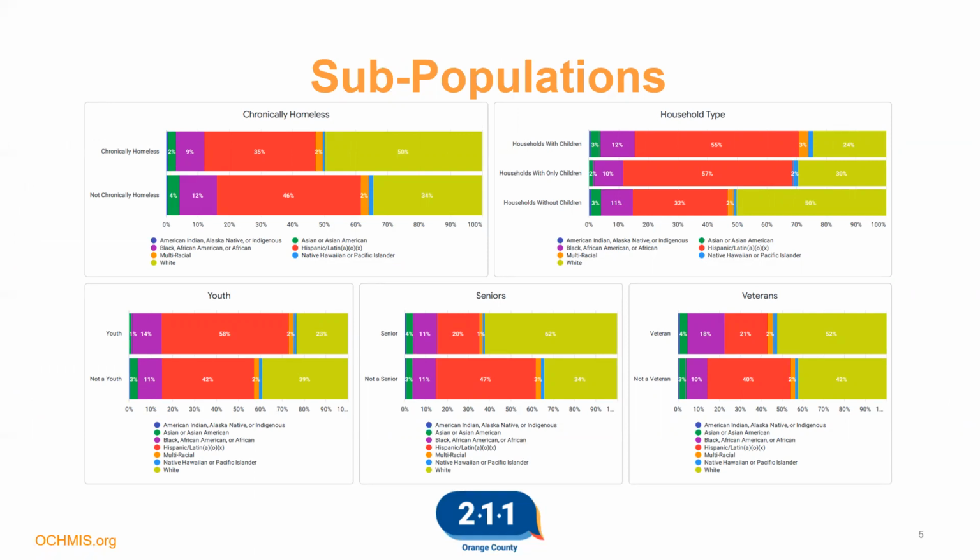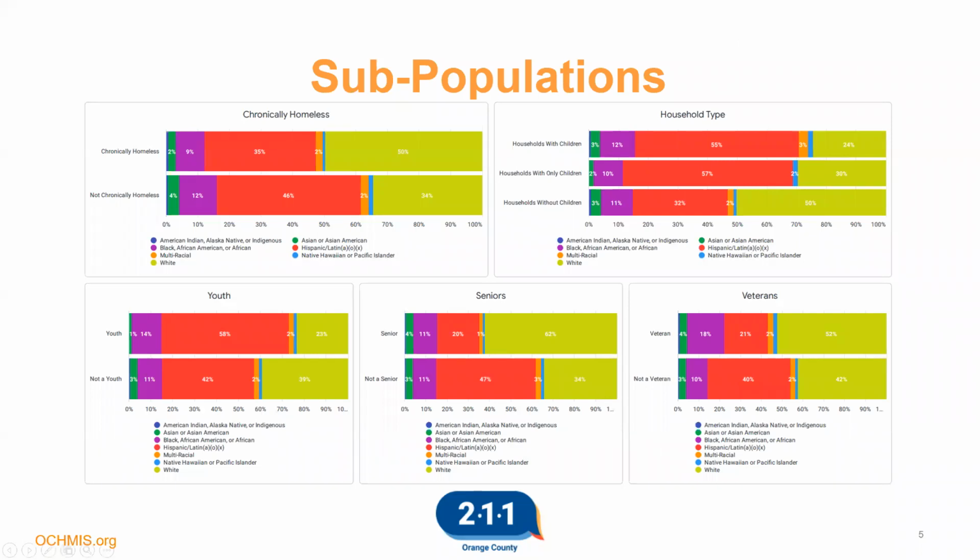And so on these charts, a client is only being counted once. So you have the different races here, and Hispanic is also included here. The way that this is being determined is if a client is identifying as Hispanic, that's where they're being counted.